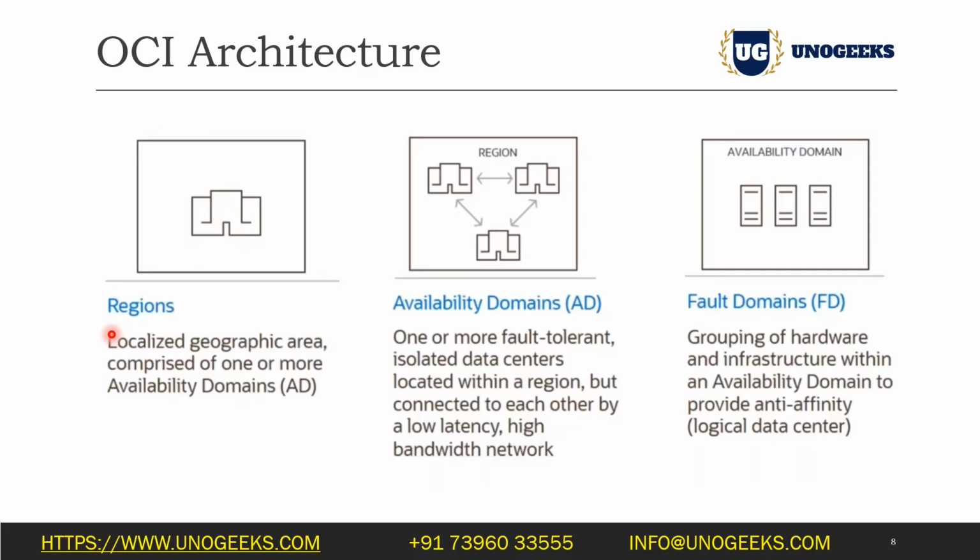Some of the new upcoming regions, which they are just establishing, started with 1 availability domain, and they will add the other 2 going on. Each availability domain will have 3 different fault domains, which are logically separated data centers within an availability domain. The same logic applies here as well, so that whatever services they offer are highly available across the region at any time.